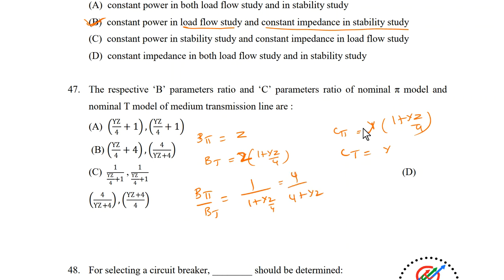Similarly C pi by Ct is nothing but 4 plus YZ by 4. So the answer will be D here. D is the right answer for this question.